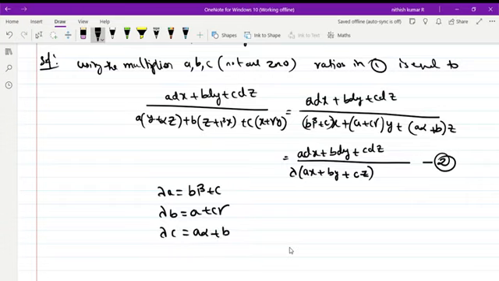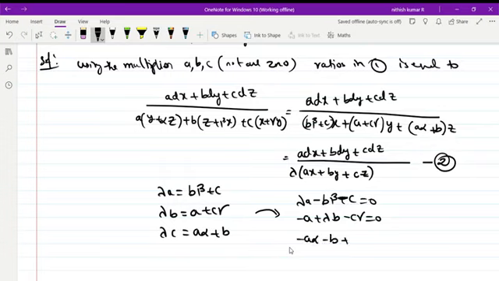By rearranging this, I'm getting lambda a minus b beta minus c is equal to 0. Similarly, minus a plus lambda b minus c gamma is equal to 0, and minus a alpha minus b plus lambda c is equal to 0.